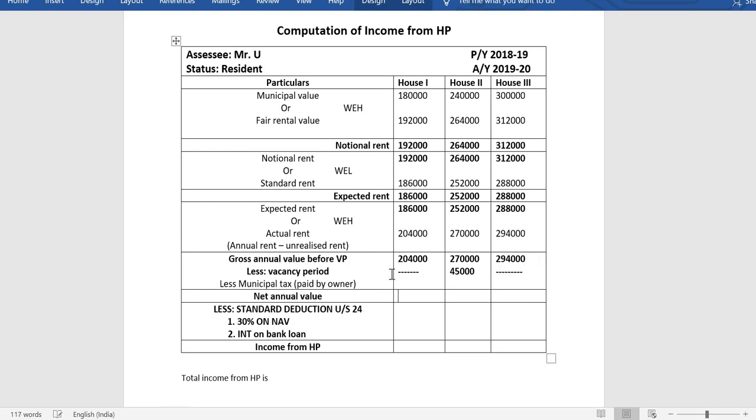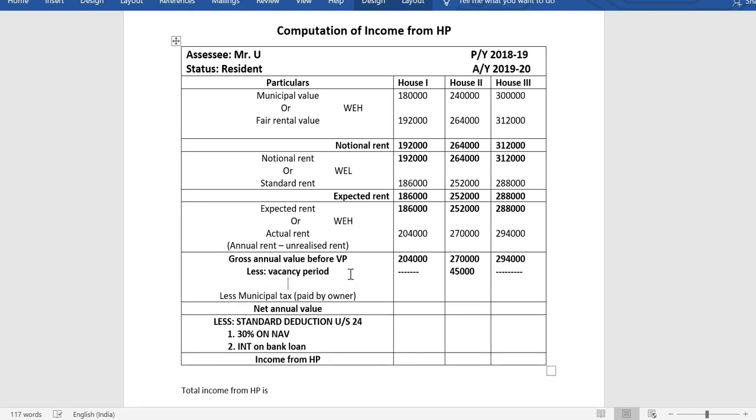So now you will get GAV, gross annual value, after vacancy period. How much GAV are you getting?